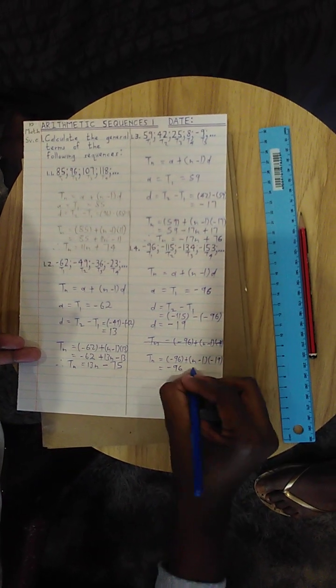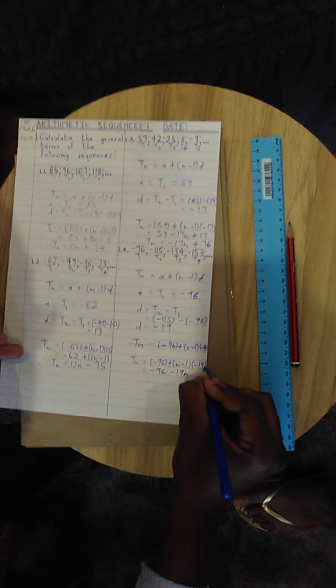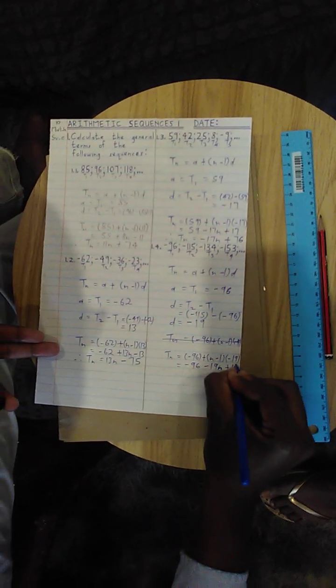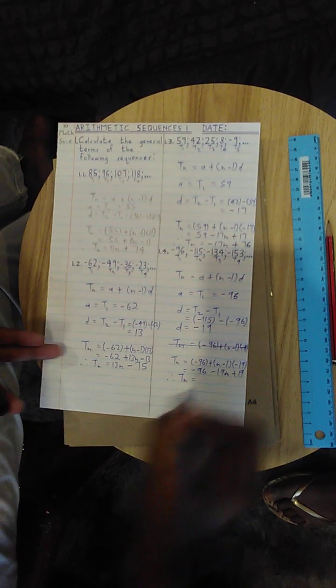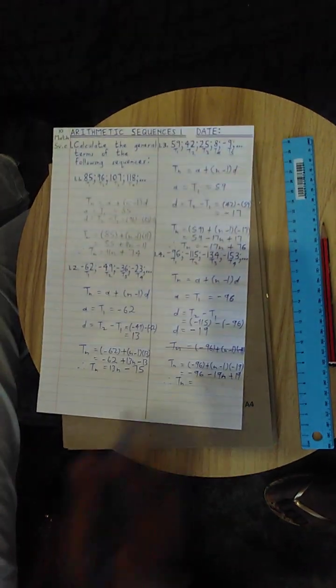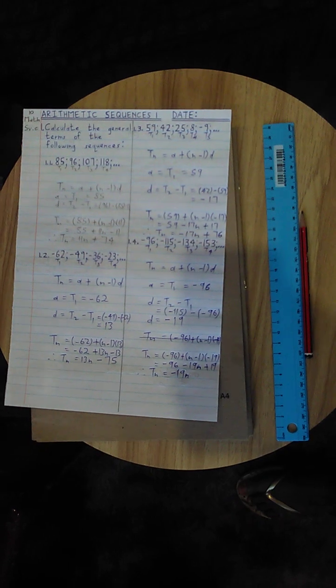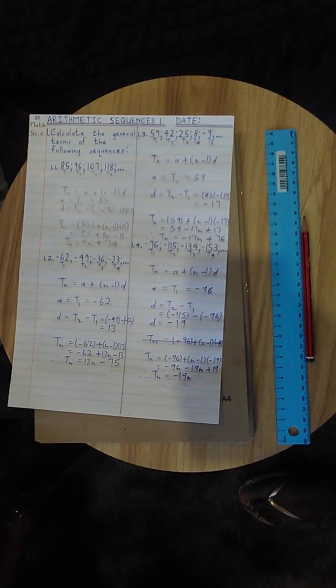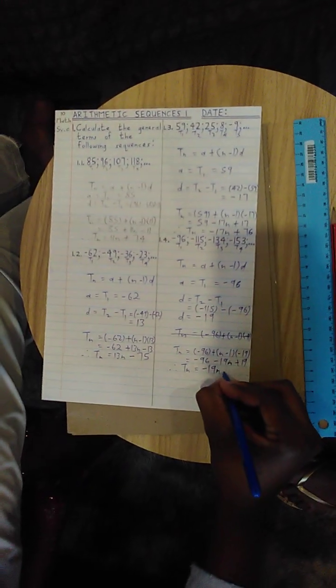N times negative 19 is negative 19n. Negative 1 times negative 19 is positive 19. So it's going to be negative 19n minus 77.